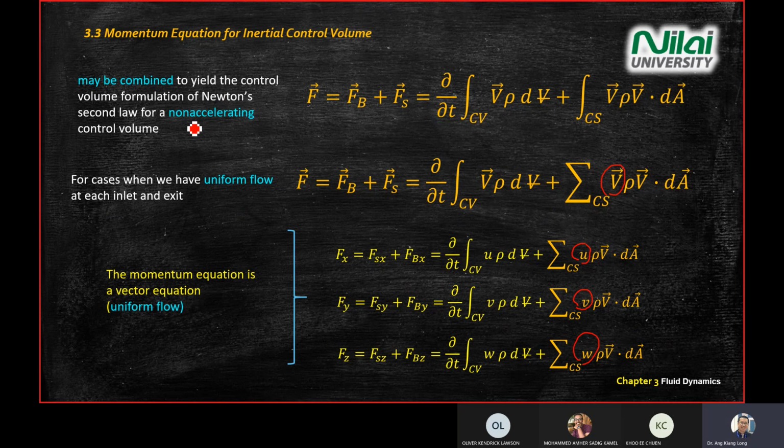If it says non-accelerating control volume, then you use the first one. Or when you see there's a uniform flow at inlet and exit, then you use the second one. If the question is uniform flow and you write the first equation, I will still give you marks, because it's still a valid momentum equation. Don't worry about it. It's more on the application of the equation.